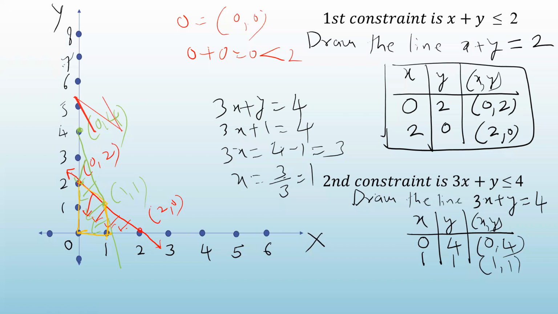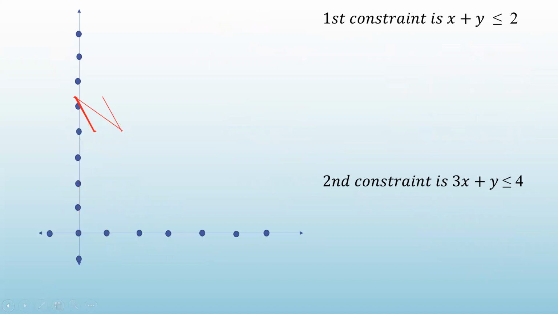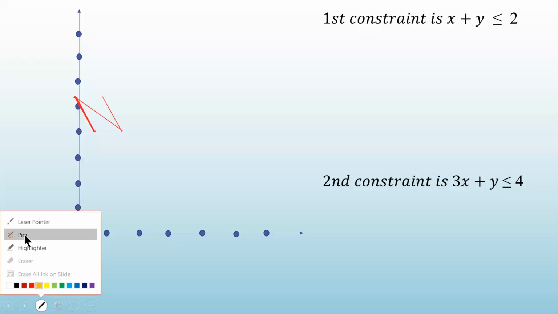You can see here, this is a bounded region. It has a boundary. Wait a minute. Okay, let me just draw it. It has got erased, so let us see what we got. Wait a minute, let us do it in red color.